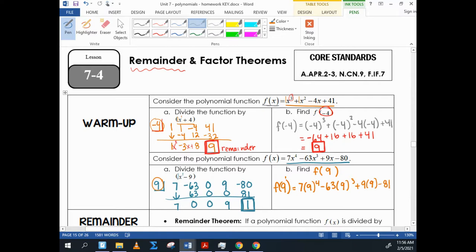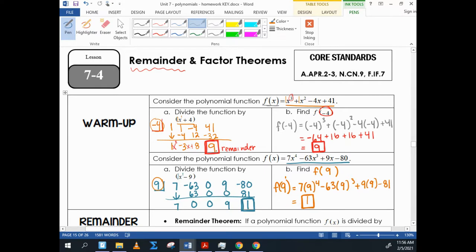And we made a really yucky one just to show you that it's so much easier to do it by our synthetic division than it is to do this by hand. I actually am just going to grab a calculator and put this in exactly like this, because I don't want to raise 9 to the 4th and multiply it by 7, then raise 9 to the 3rd and multiply it by this. So I'm just going to put this in the calculator, and magically, or mathematically, I guess I should say, it comes out to equal 1.